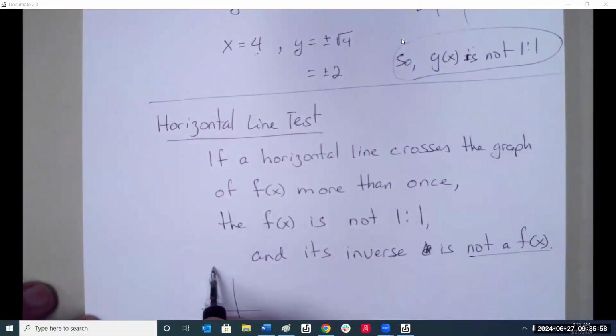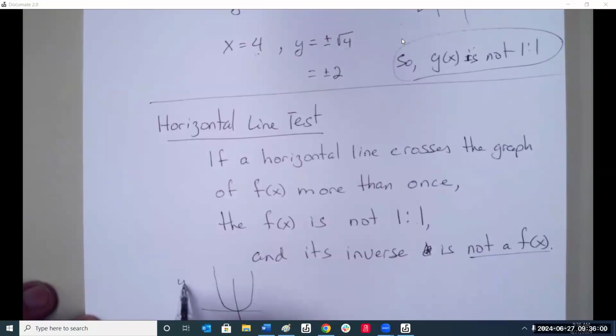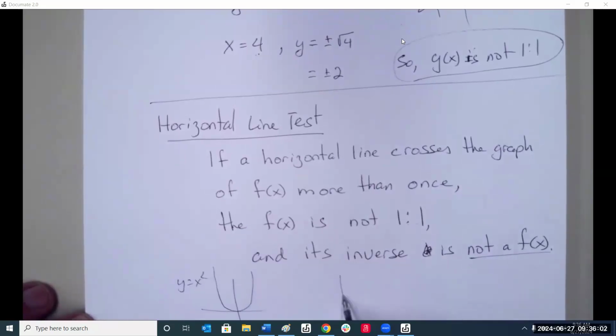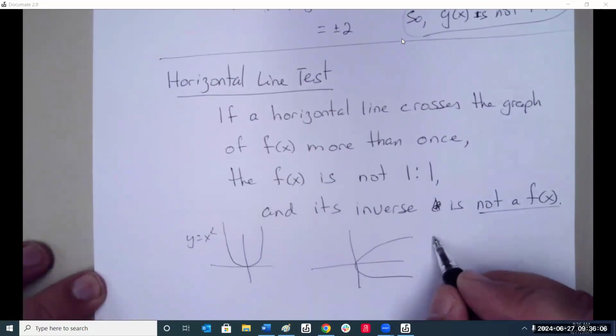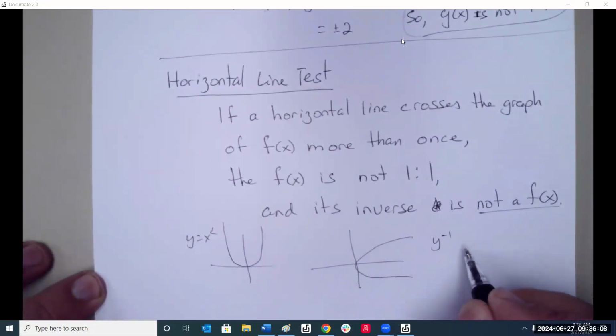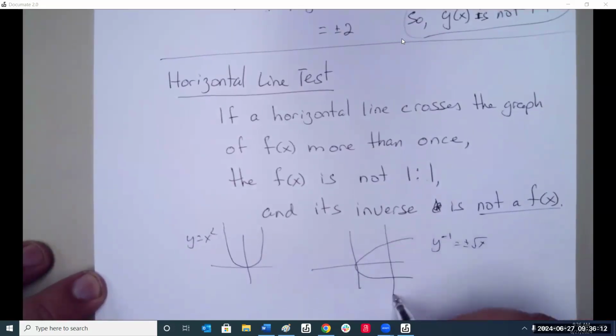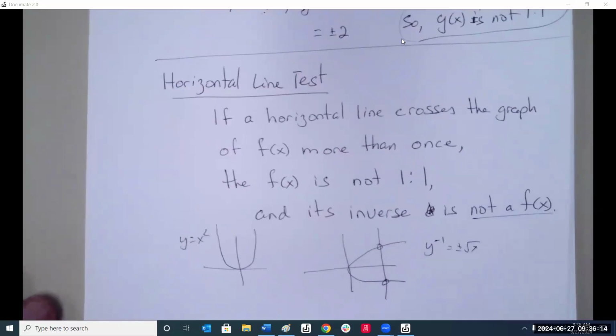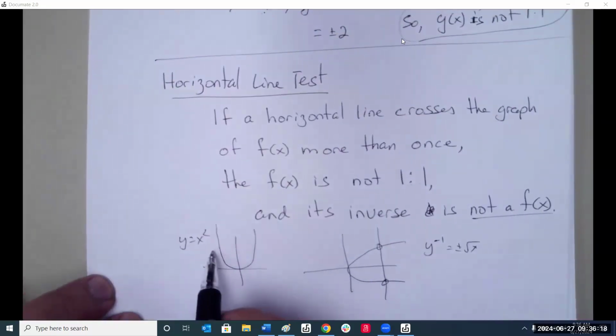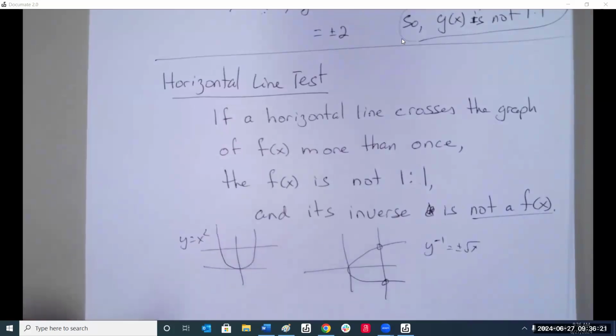Well, if we had this x squared and we found the inverse, we found this one. That's the inverse. It's not a function because it fails the vertical line test. We know it's not 1-to-1 because it fails the horizontal line test.